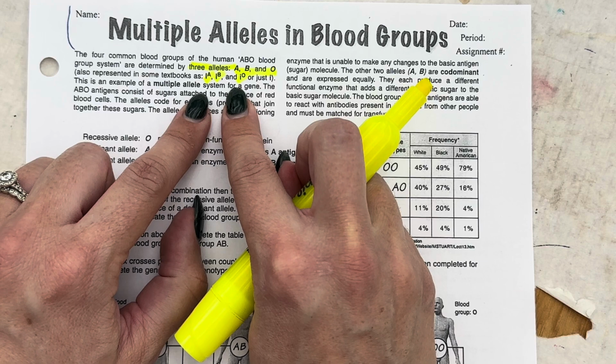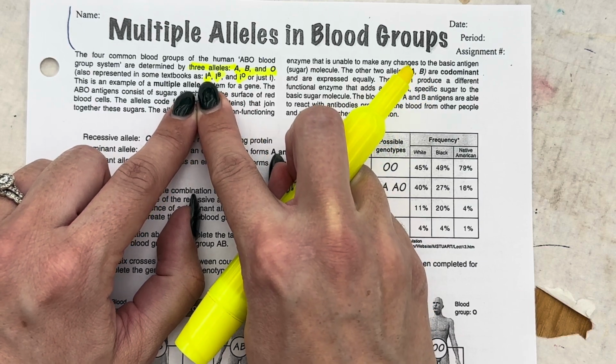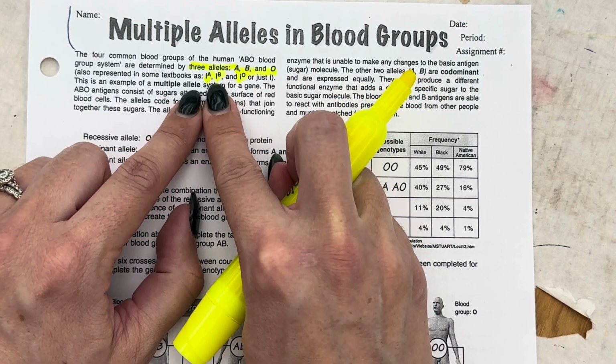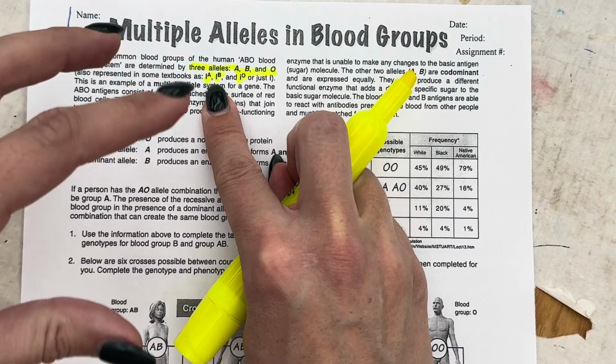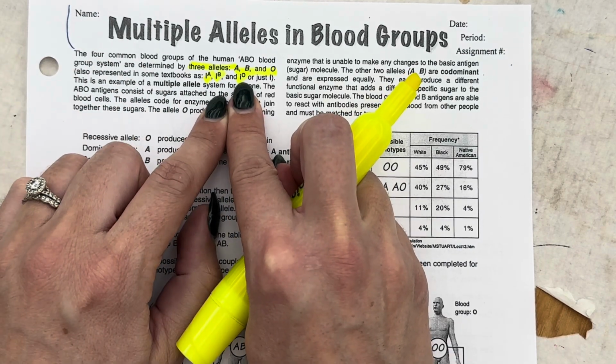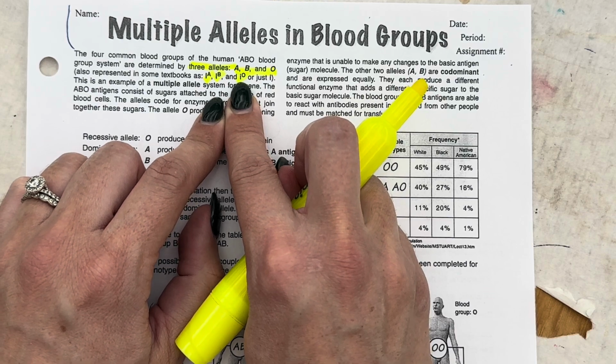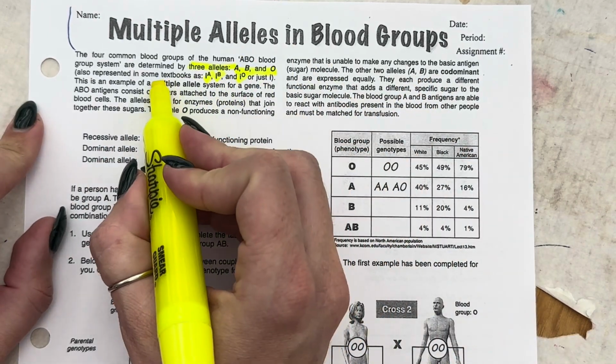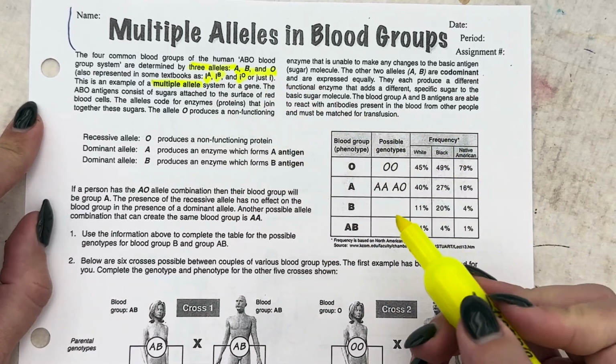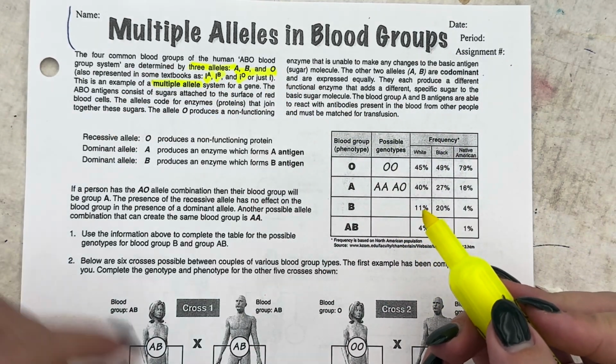And we do this because the capital I communicates dominance over this recessive allele, or lowercase i. So we call this an example of multiple alleles because there's more than two.